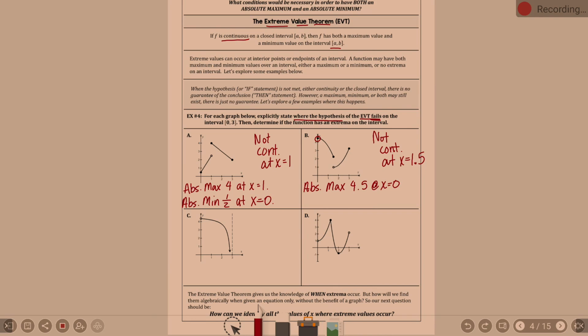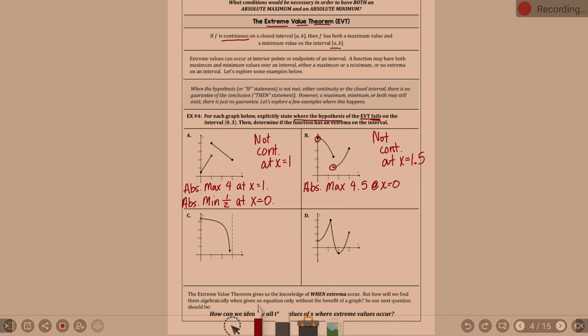What's the other one you're writing down? We don't have one. Yeah, because. What's the catch? This one that you're calling a min is not actually an existing point, is it? No. So we can't state what that absolute minimum point is, because it is something really, really close to 1, but it's not 1.